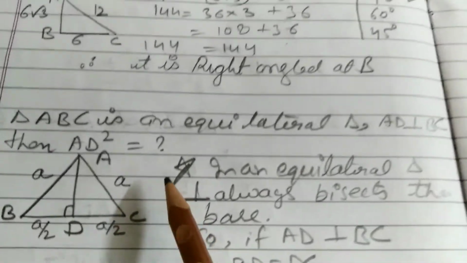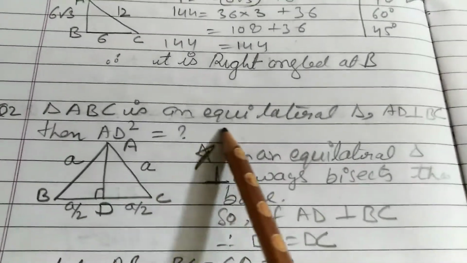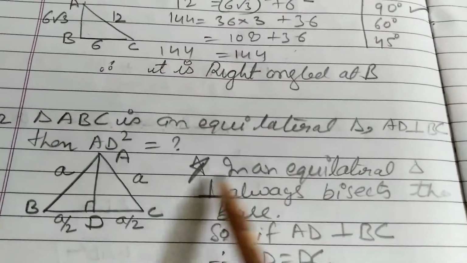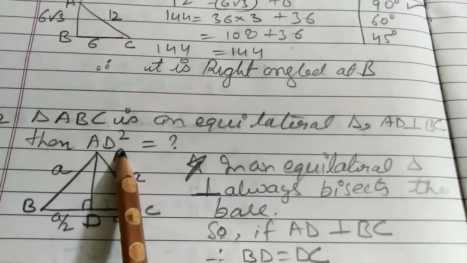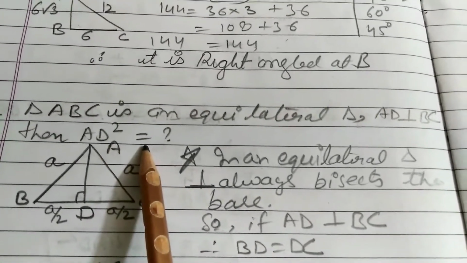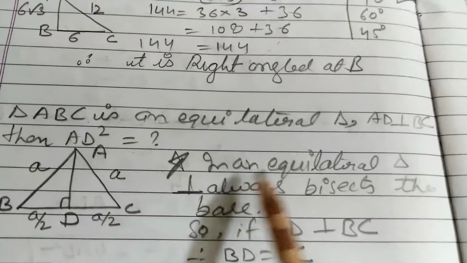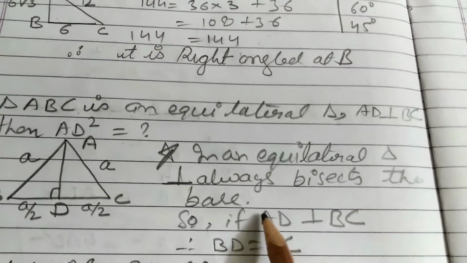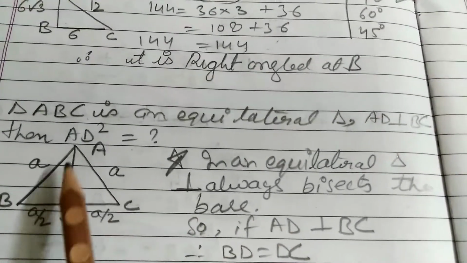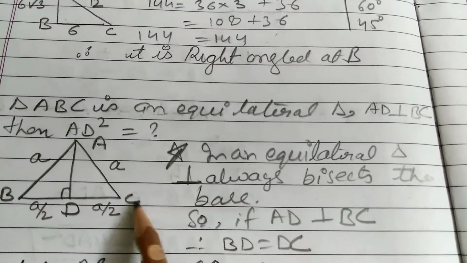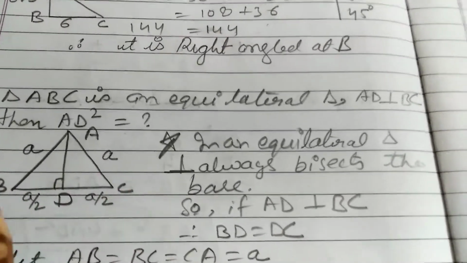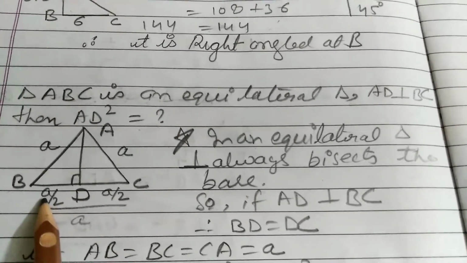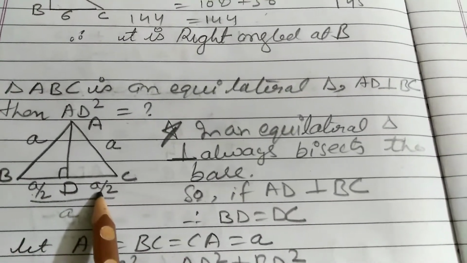Look at question number 2. Triangle ABC is an equilateral triangle in which AD is perpendicular to BC. Then we need to find the value of AD square. Remember one thing, that in an equilateral triangle, the perpendicular always bisects the base. So if triangle ABC is equilateral and the sides are A, this will be half of A, that is A by 2 and A by 2.